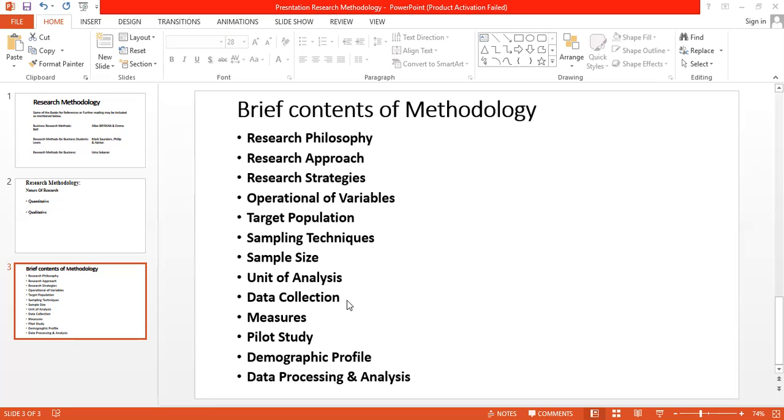Then there is data collection. Data collection and procedures are basically the same, in which you will describe how you collected the data, whether it is secondary data or primary data.